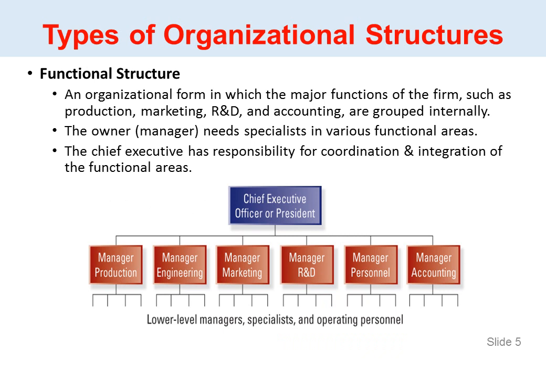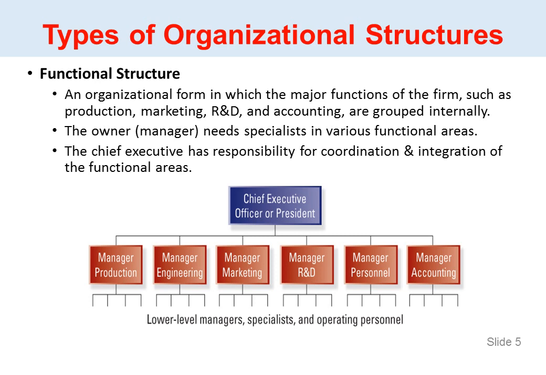The second type is the functional structure. Here you are going to divide your company based on functions. At the upper level is the chief executive officer or president of the company, and then you are classifying them by function: production, engineering, marketing, research, personnel, accounting.